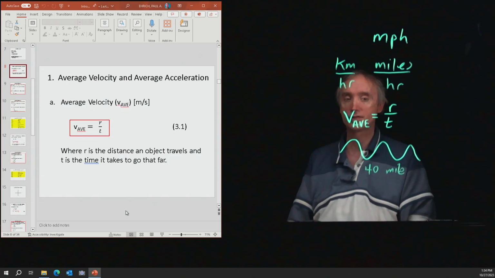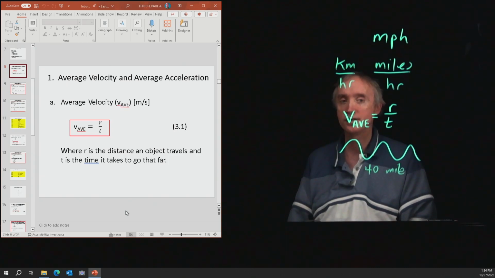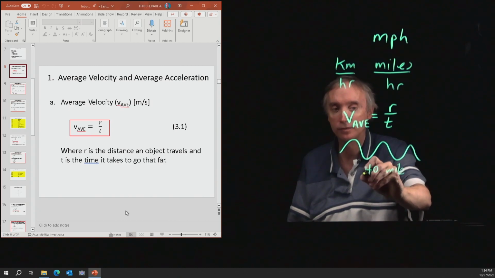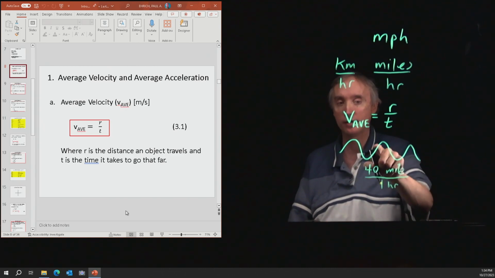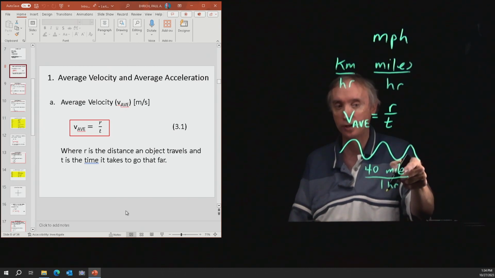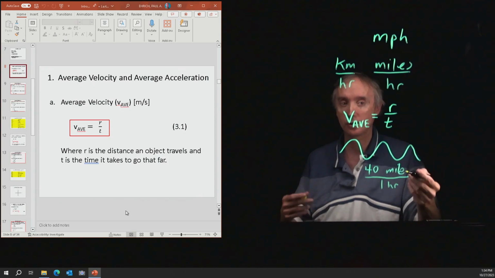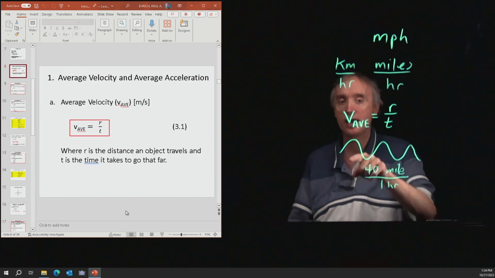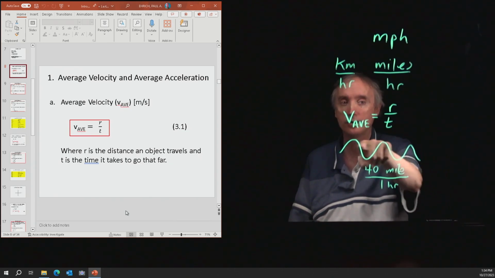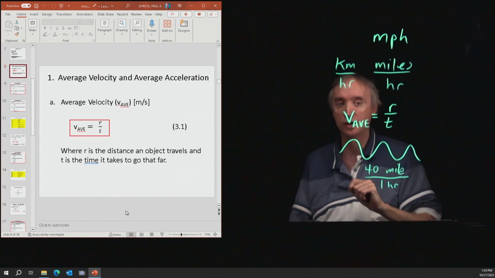So let's just say that it's 40 miles, and then let's say that it takes you an hour to get down there. Then the distance is 40 miles divided by 1 hour. So we would be traveling at 40 divided by 1, which is 40 miles per hour. Okay, but that's not your real speed. That's your average speed averaged out over the entire trip.